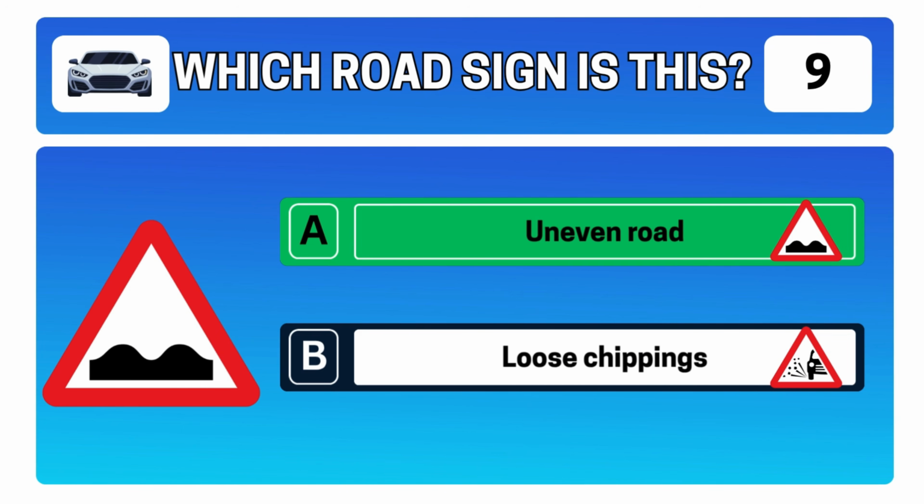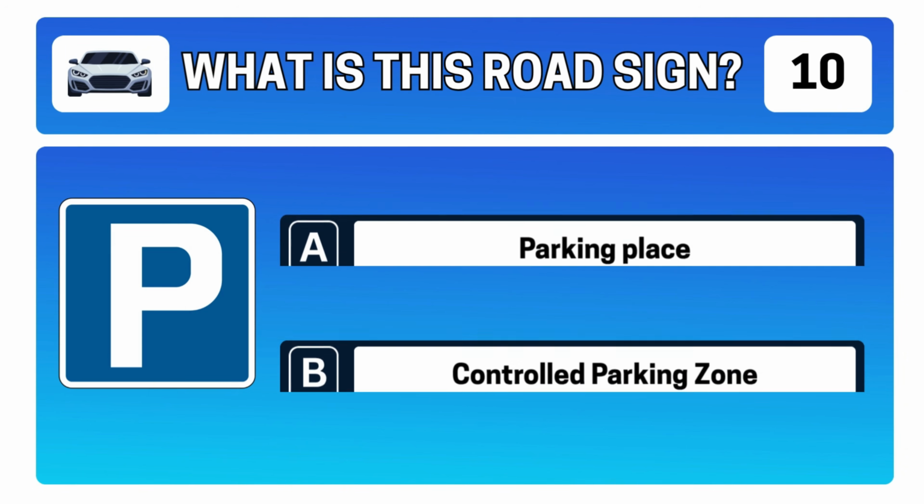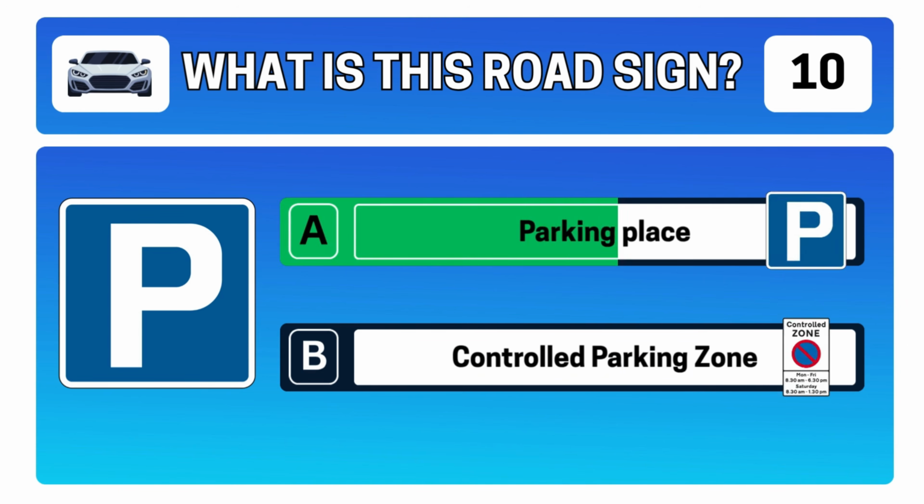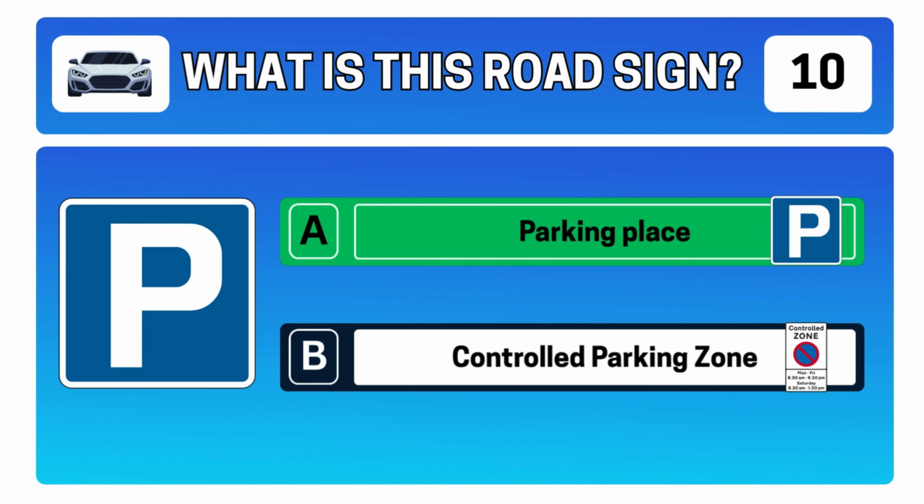Good catch. It is the uneven road sign. What is this road sign? A. Parking place. B. Controlled parking zone. Good catch. It is the parking place sign.